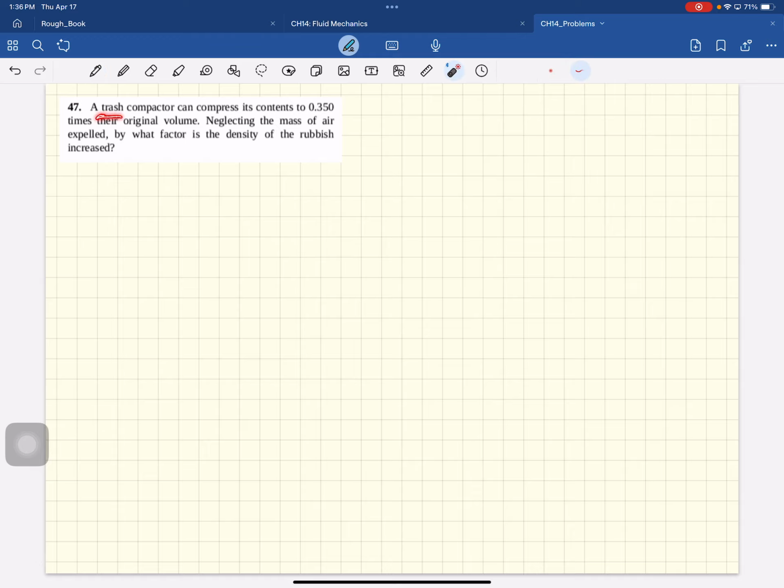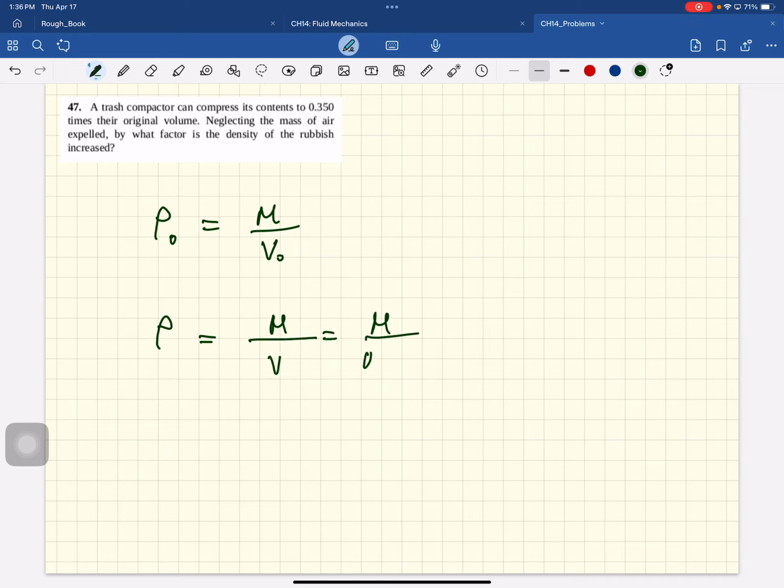So this problem says a trash compactor can compress its contents to 0.35 times its original volume. Neglecting the mass of air expelled, by what factor is the density of rubbish increased? So this is mass divided by original volume, and the new density will be mass divided by the new volume, which is 0.35 times V naught.